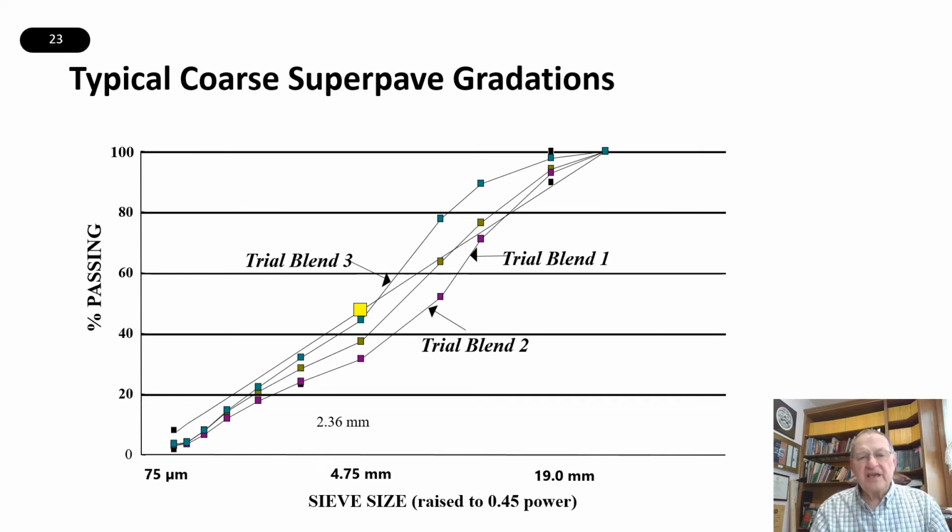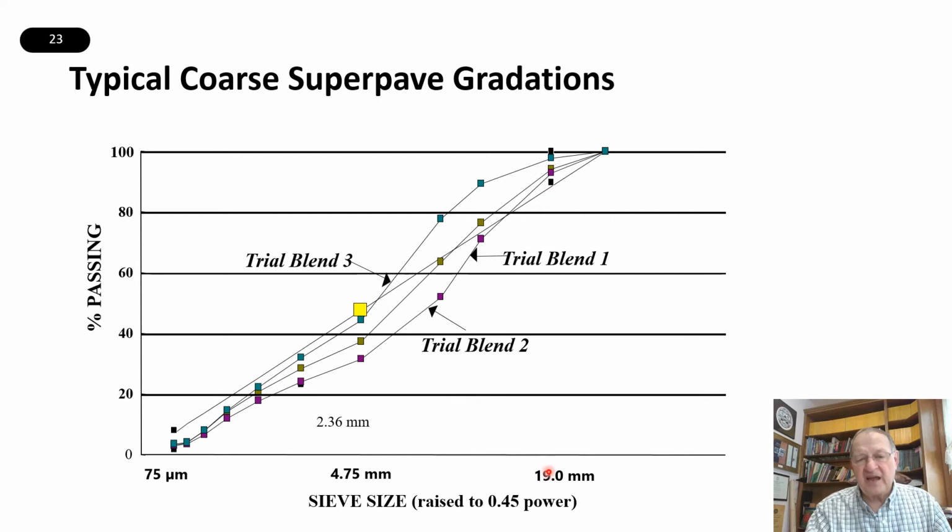So here we can see 3 trial blends. All of them are coarse graded, and they all go below this primary control sieve. The thing to note about them is that there's not nearly as much room to change the gradation here as there is in the sieves between the primary control sieve and the nominal maximum size. The gradation has to go between 100 and 90.